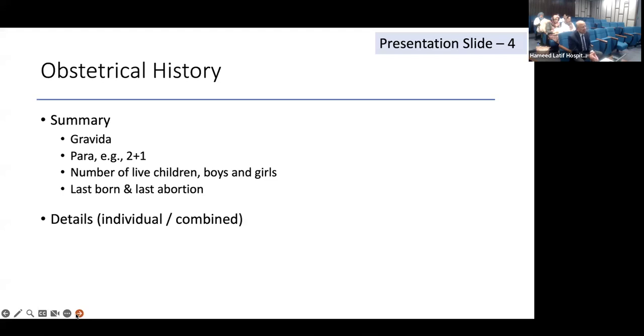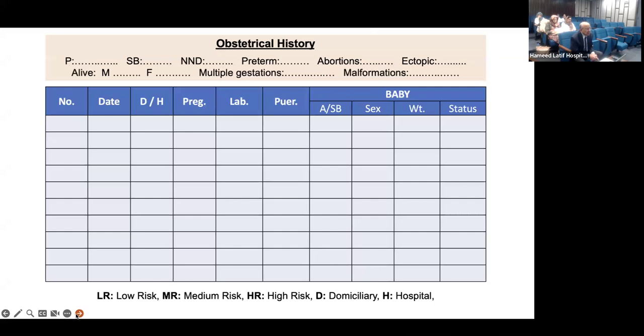I would say that for training residents, it is important that they go through that table format of obstetrical history. They practice that so that they become familiar with it. This is the table that we usually used, and I have added to this.